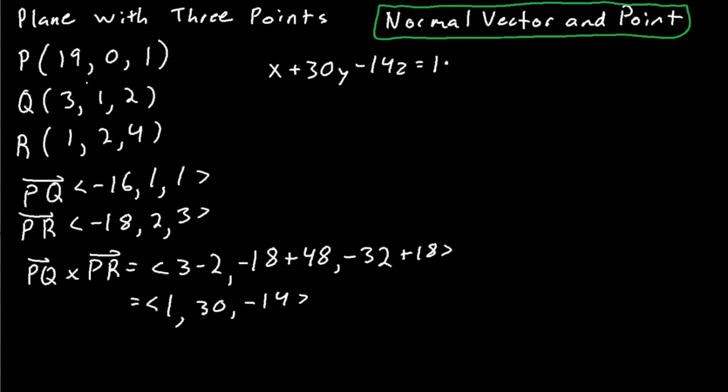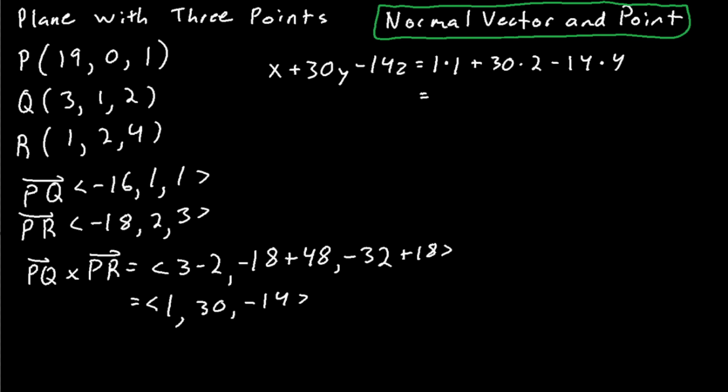Let's pick R. That looks the easiest to do all this math with. 1 times 1, because it's the corresponding component, the x component of the normal vector times the x component of the point, plus 30 times 2, so the y component of the normal vector times the y component of the point. I said that pretty fast. Replay it if you don't get it. Plus negative 14, technically minus 14 times 4.